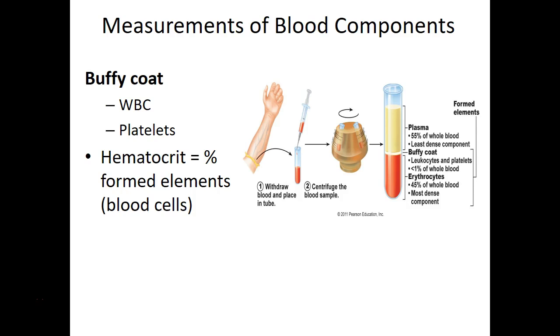Then we're going to have this kind of small area that's a bit tan, or it's also referred to as beige, and the original color that it reminded people of was buff. Okay? And in this little band here, right, is where we find our leukocytes and platelets.